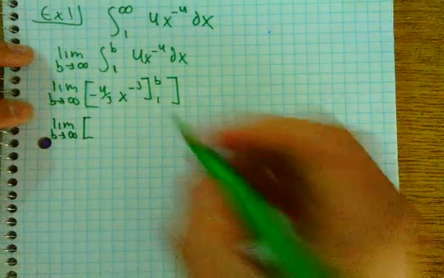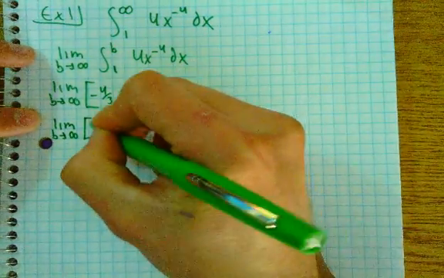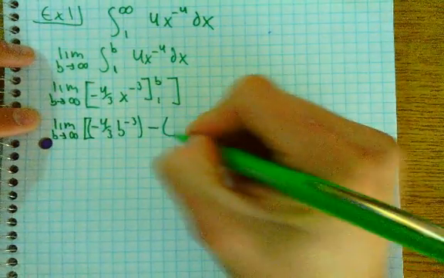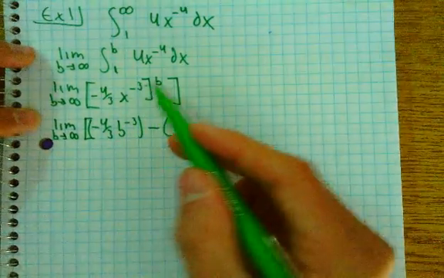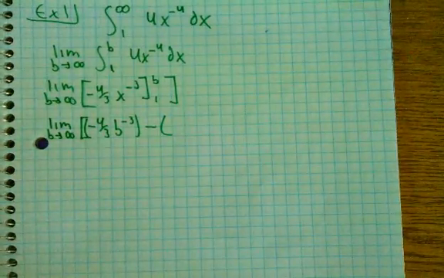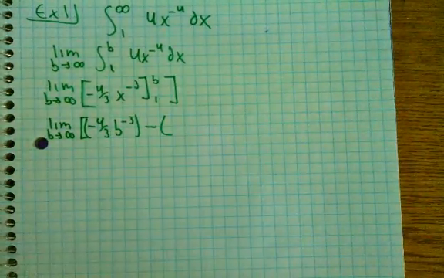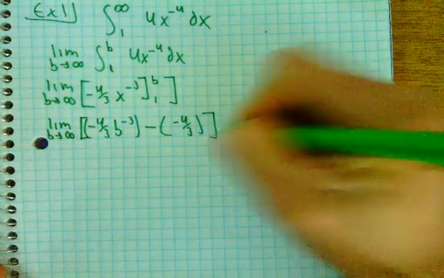So then the first one becomes negative 4/3 b to the negative 3, right? Minus, we got to plug in the 1 value, right? So 1 to the negative third power is just 1, agreed? Times negative 4/3, right?